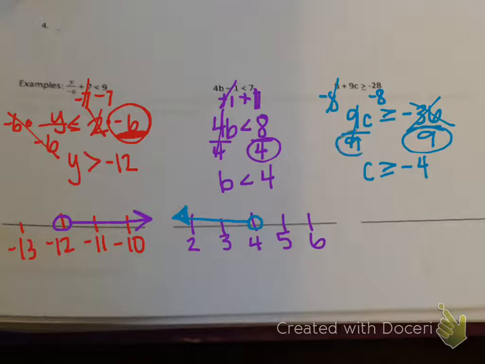It's only whatever we're doing to the problem. So we can't flip our inequality. And when we go to graph it, we would have a closed dot on the negative 4 because of the equal sign. And c is greater, which goes to the right.